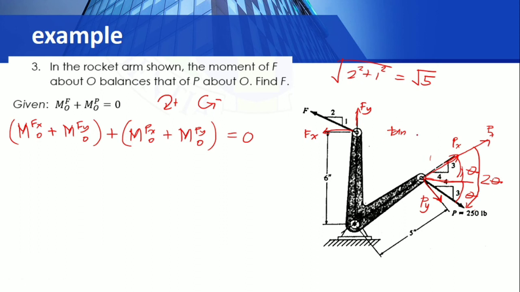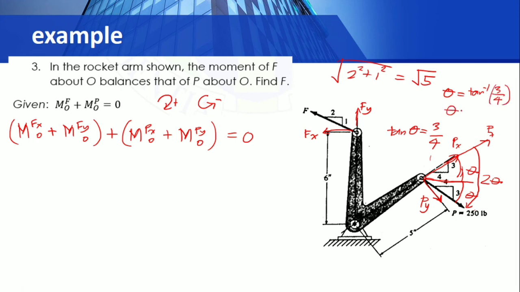So, kunin natin yung angle na mabubuo nila. So, that will be tan theta is equal to opposite, so that will be 3 over adjacent, that will be 4. Okay? So, theta natin is equal to inverse tan 3 over 4. Okay?